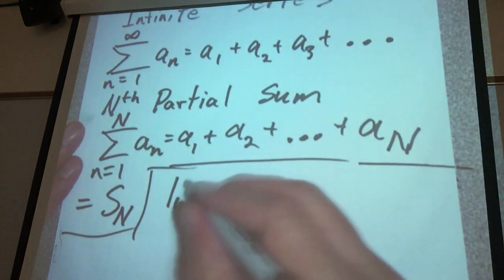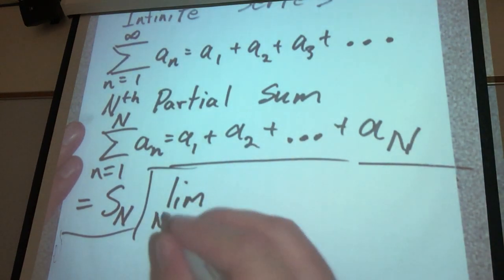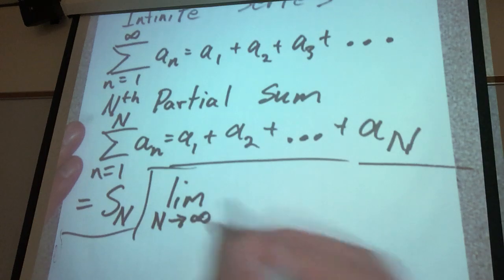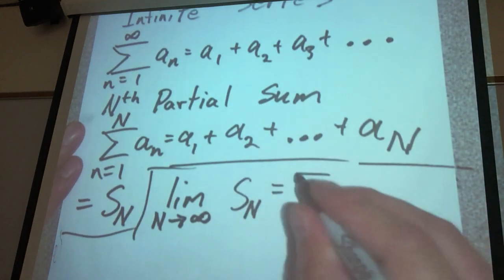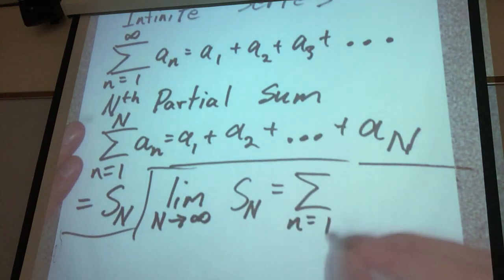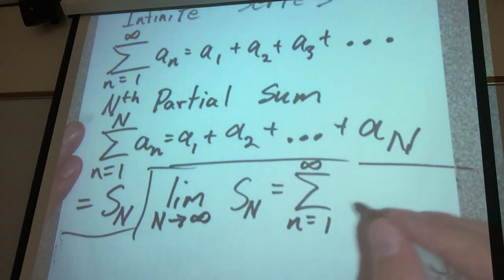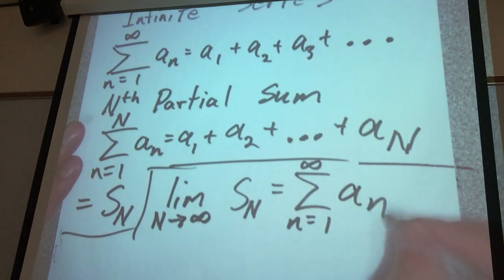And the limit, as capital N tends towards infinity, of S sub capital N equals the sum from n equals 1 to infinity of a sub n.